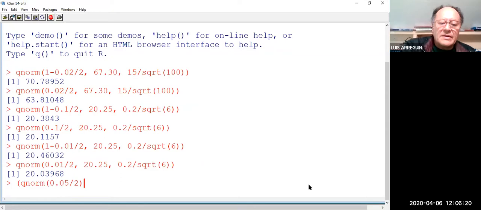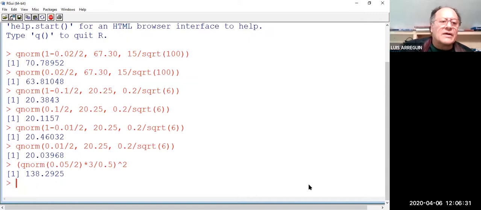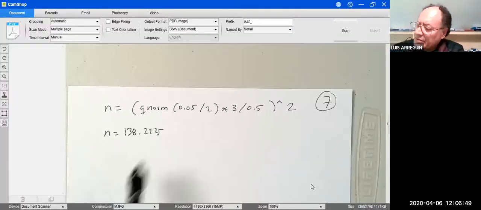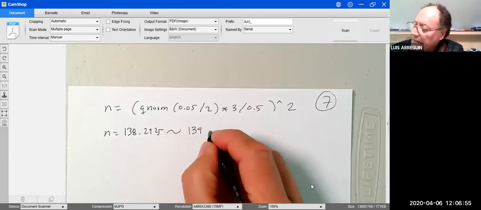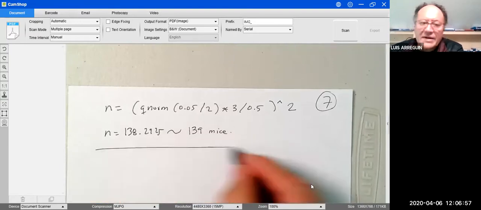Then I'm gonna multiply this by 3 and we're gonna divide by 0.5, and then we're gonna close the parentheses and everything is gonna be squared. So we're gonna get 138.2925. So that's the sample size. So you need to collect information from 139 mice. So you round this up to 139 mice that you need to investigate.